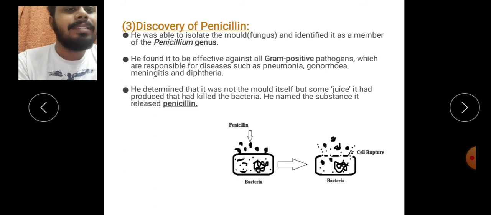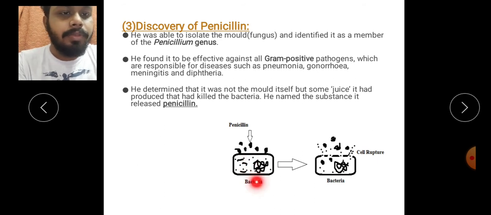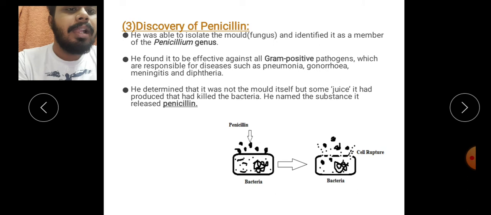Now we will see how penicillin ruptures or disrupts the cell wall of gram-positive bacteria. Suppose these are the penicillin, and they bind with the cell wall of this gram-positive bacteria, whose cell walls are thick.